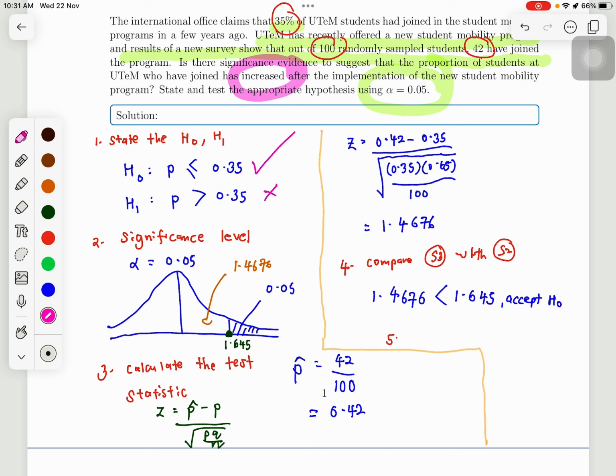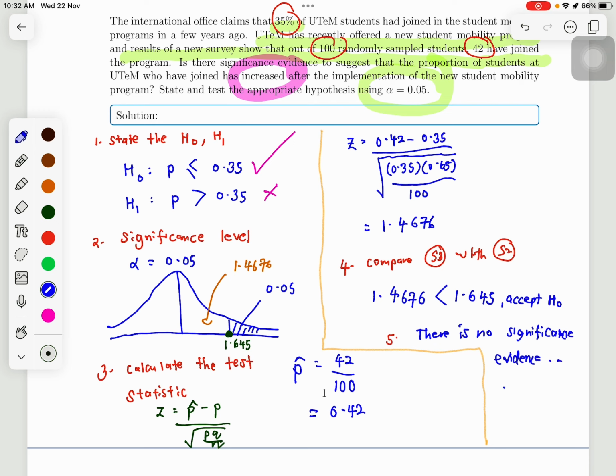So our conclusion is there is no significant evidence to suggest that and so on.